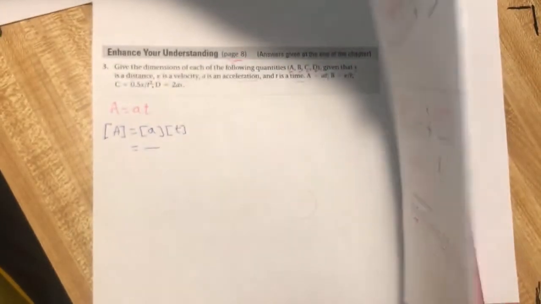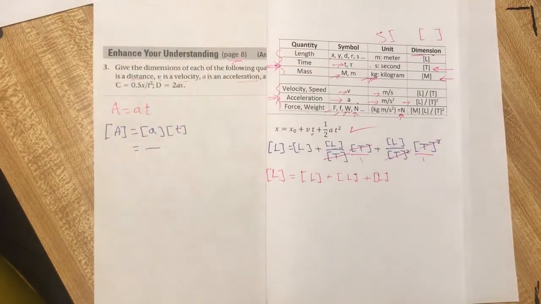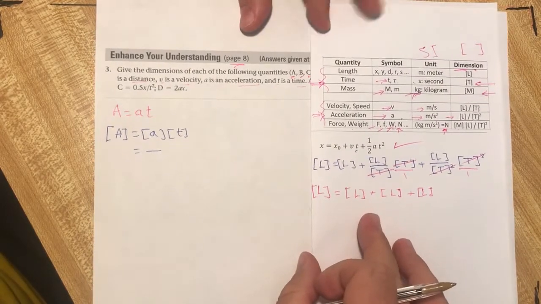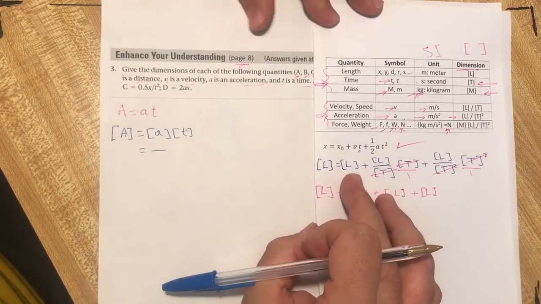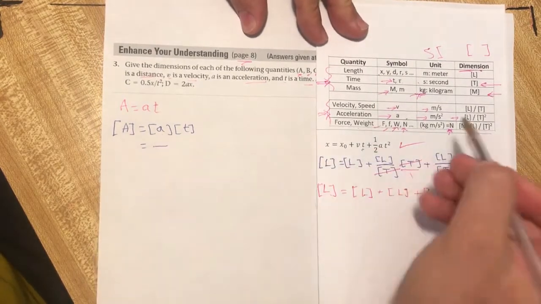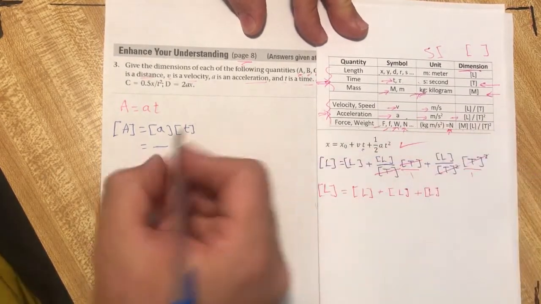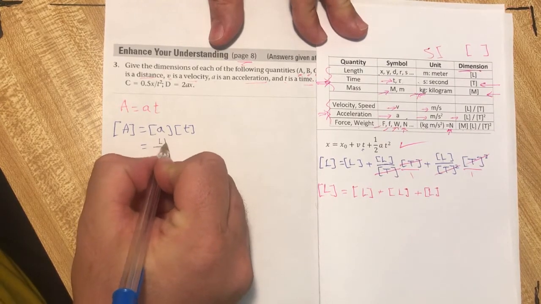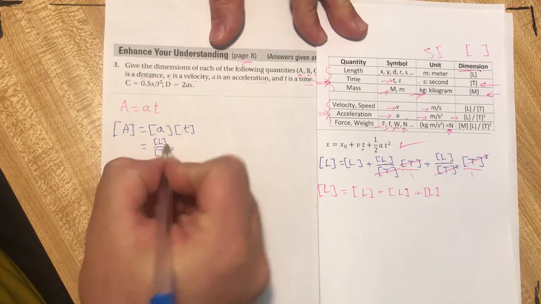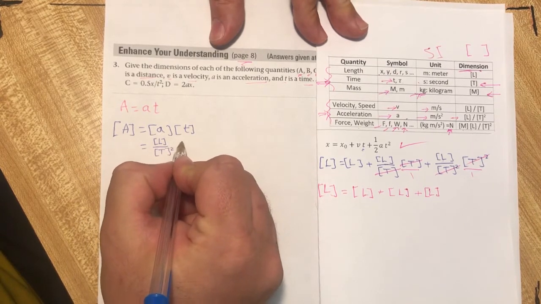I am new in physics, I don't know a lot of these equations. I can cheat from any table when I am studying. Now, the acceleration is length over squared time, multiplied by time.